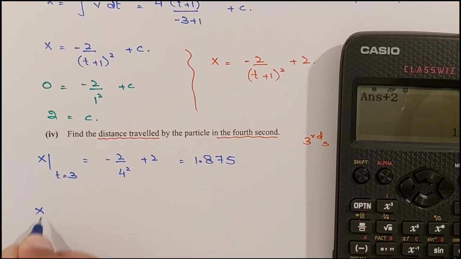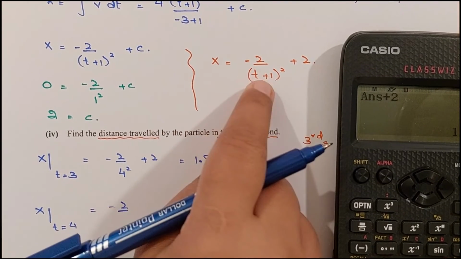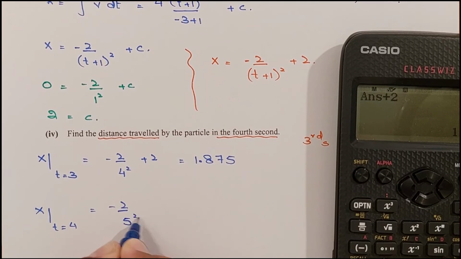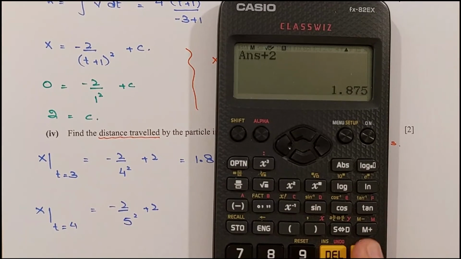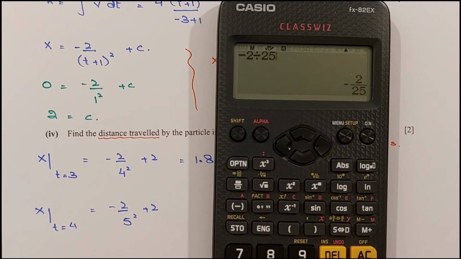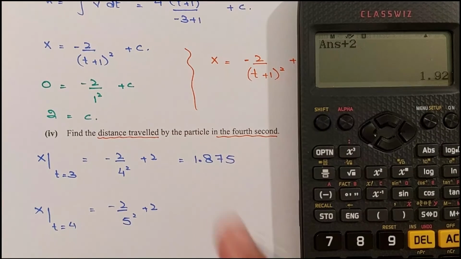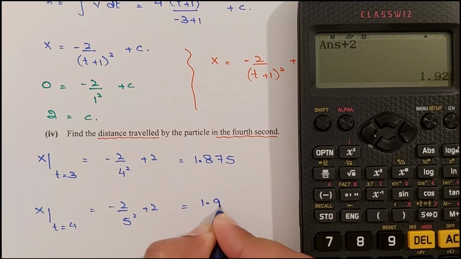And displacement at t equals 4 is minus 2 over (4 plus 1), that is 5 squared, plus 2. Minus 2 divided by 25 plus 2. This is 1.92.